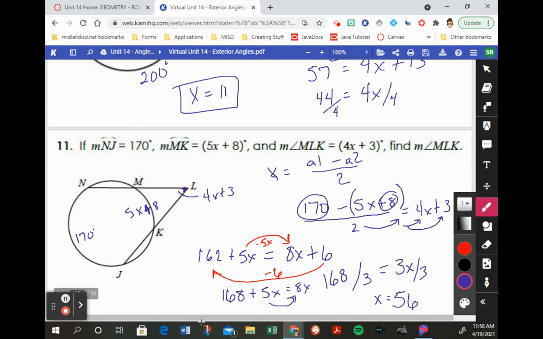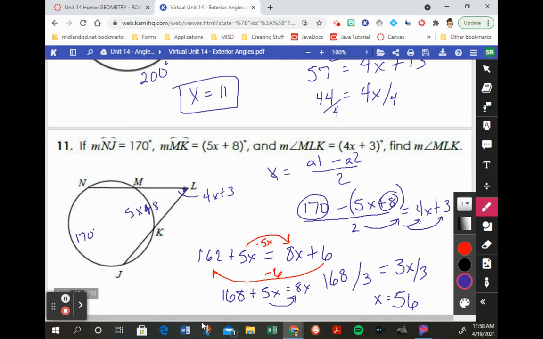Okay, now that I've thoroughly confused you, let's see if I got it right this time. Minus, whoops, parentheses, 5x plus 8, over 2, equal to 4x plus 3, comma, x.